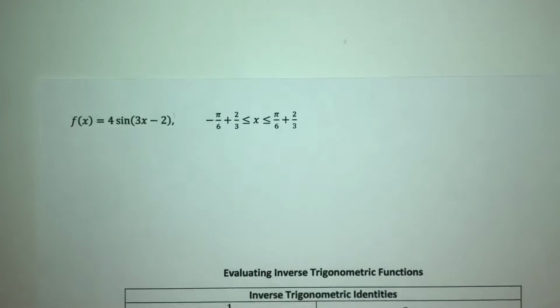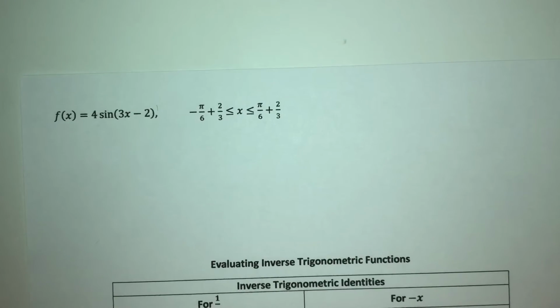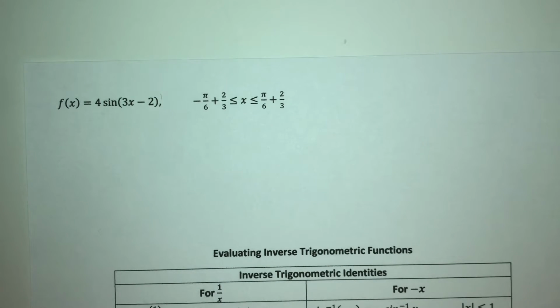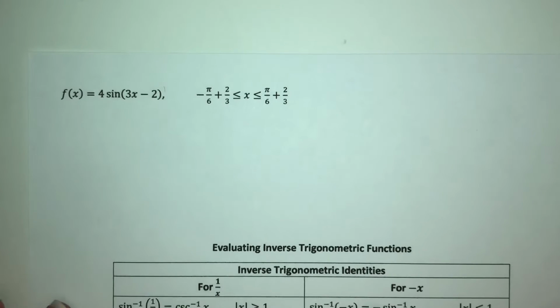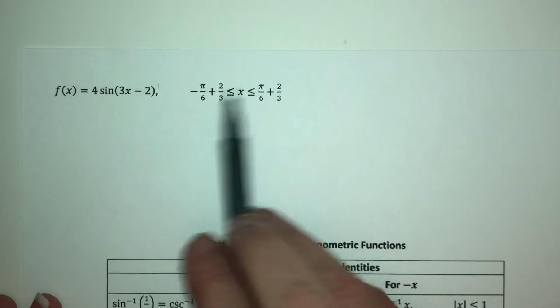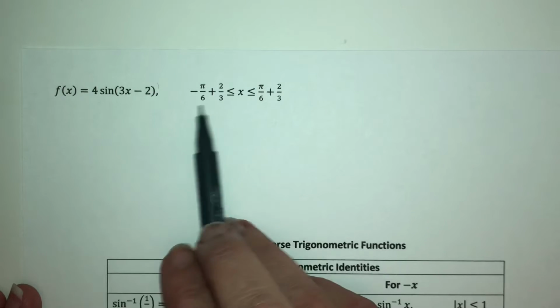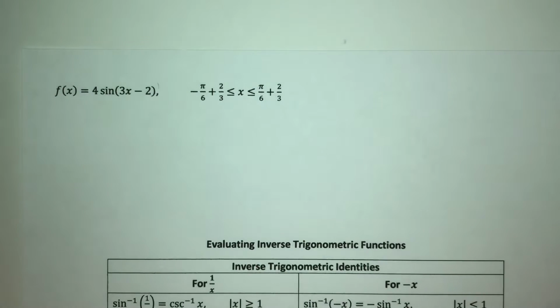So now, let's deal with this. Same basic idea. They want us to find the inverse of this function. Now, this looks a little bit weird, and that's just because of the phase shift. This is the domain that they've restricted it to deal with the phase shift. You don't have to worry about that too much.